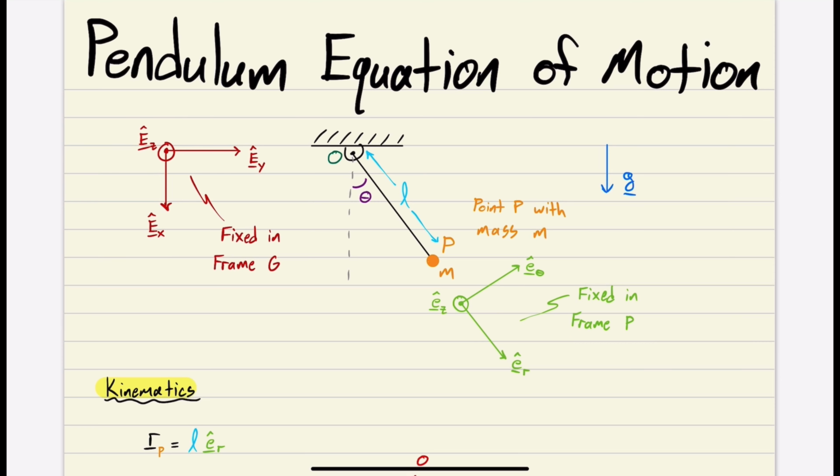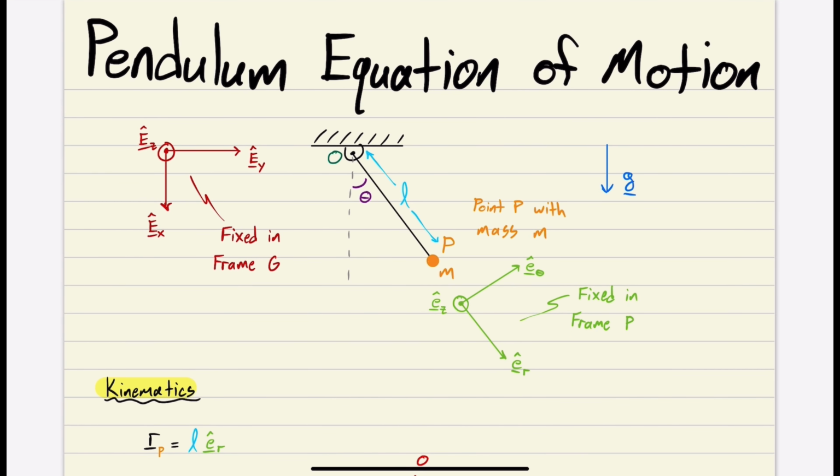Next, we have our green basis here, which is fixed in frame P, P for pendulum, and ER points from hinge point O to our point P. So this is the direction of ER, always points like that. EZ is going to be out of the page as well, right?